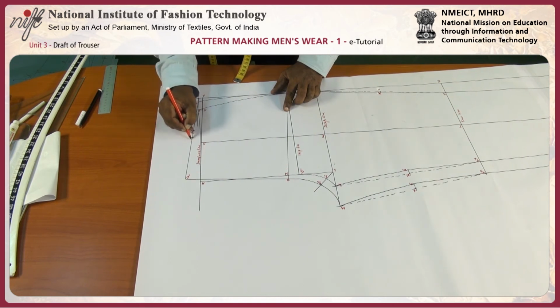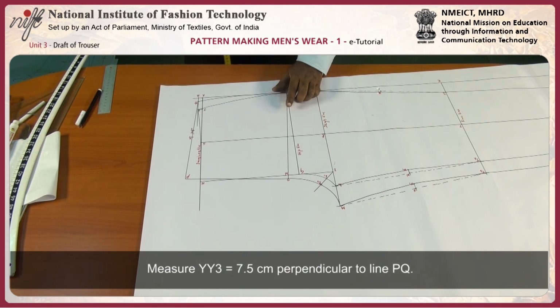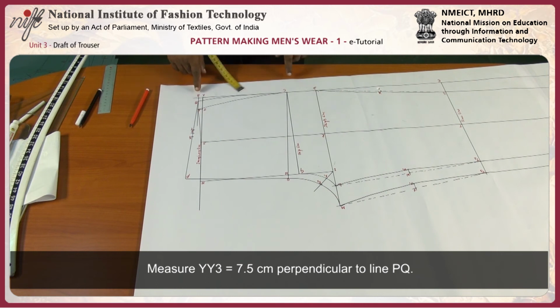Y1, Y2. Measure Y to Y3 7.5 centimeter, which is perpendicular to line PQ.